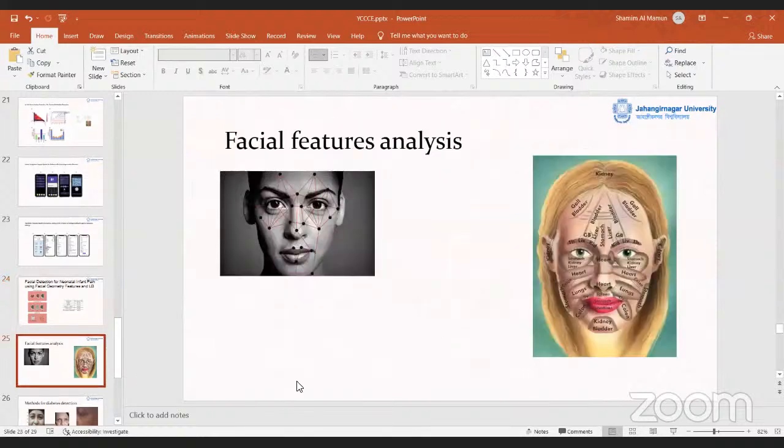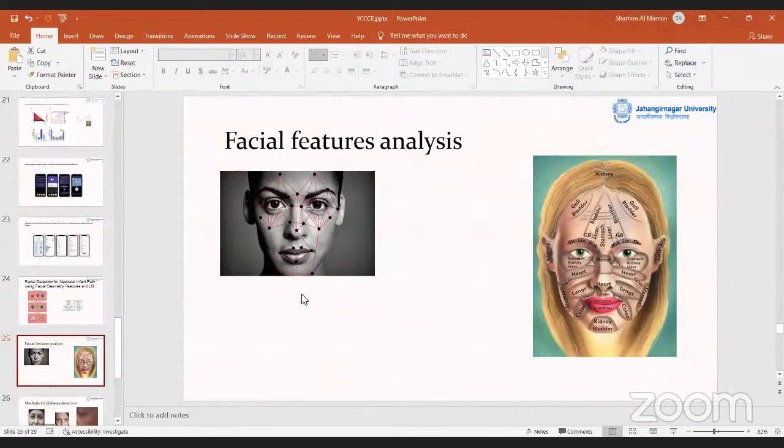So what are the facial features in adult faces? It's pretty easy if we get the special features, something like geometrical features analysis.